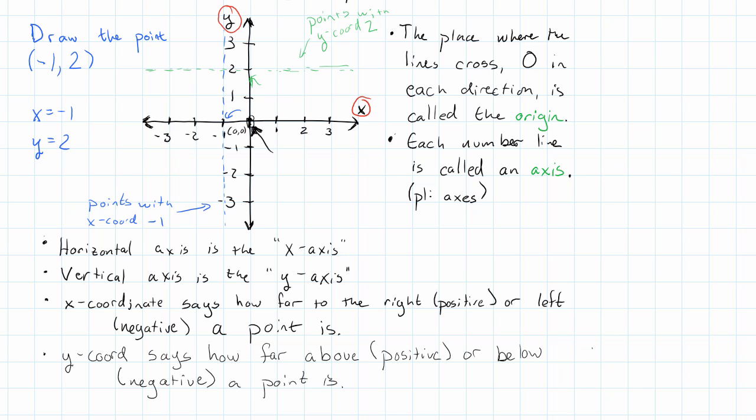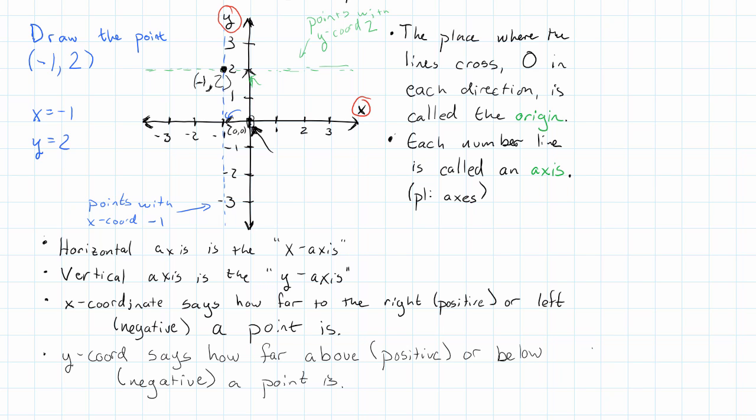So the point that has an x-coordinate of -1 and a y-coordinate of 2, that's going to be this point. This point is -1, 2. It's 1 unit to the left of the origin and 2 units above the origin. At the same time, we look at where the vertical line through -1 crosses the horizontal line through +2.